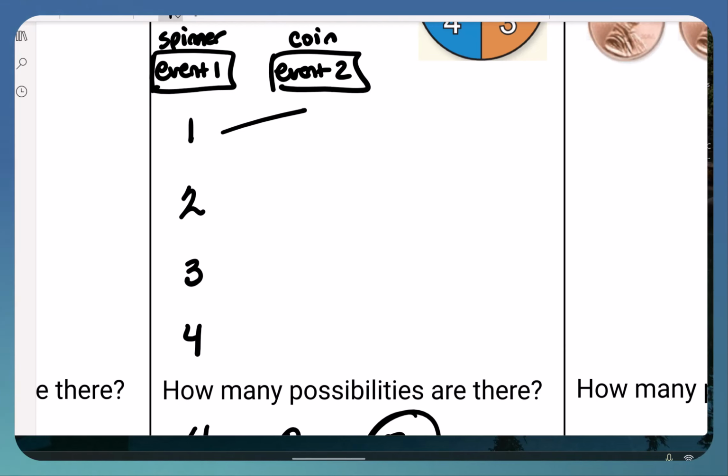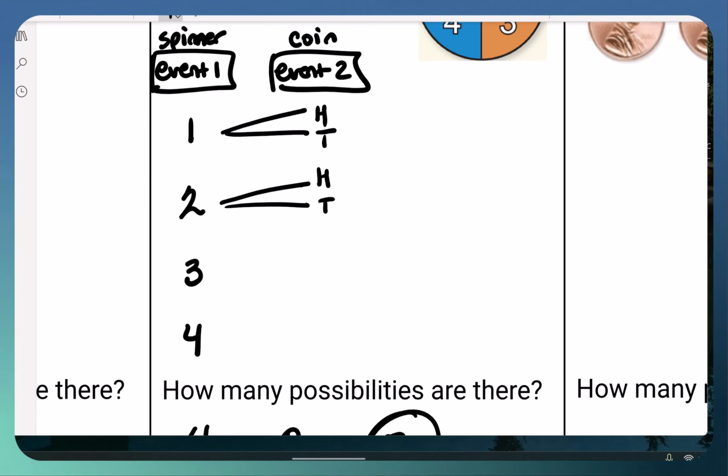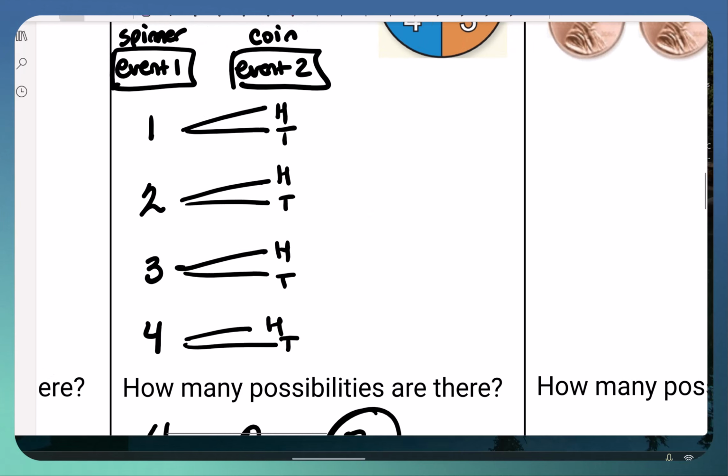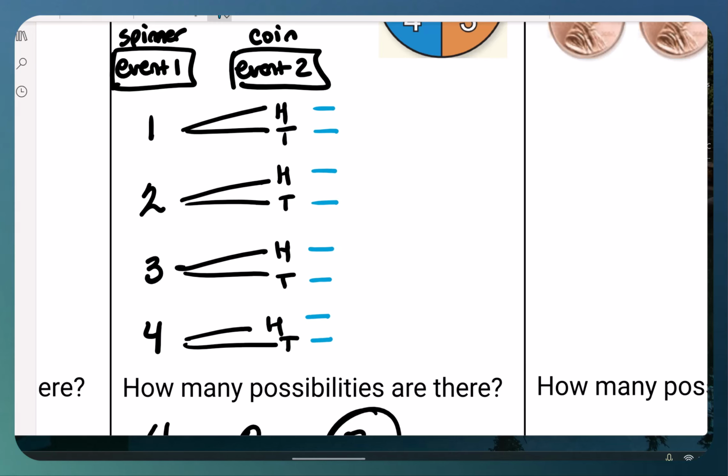So I'm going to have 2 possibilities here, heads and tails. 2 possibilities here, heads and tails. So you're going to have to repeat that for every outcome you have in that first event. Heads, tails, heads, and tails. Just try to be as neat as you can. Now, if you've done it correctly, you should have 1, 2, 3, 4, 5, 6, 7, 8.